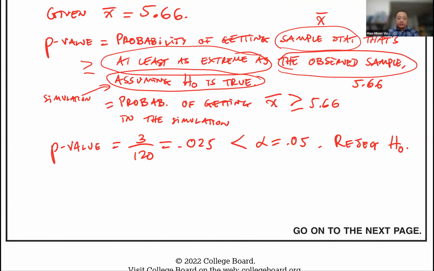So now we're in familiar territory. Once you reject H0, you just write your verbal conclusion in context the usual way.